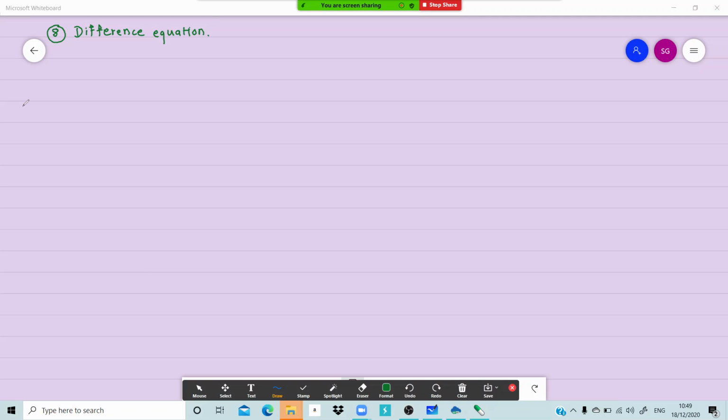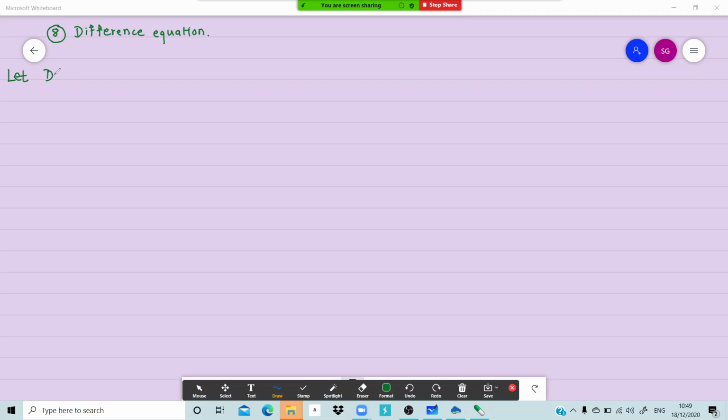Now how to go from differential equation to difference equation. First I would like to tell you that, and then we'll see the application of Z transform for solving the difference equation, right?